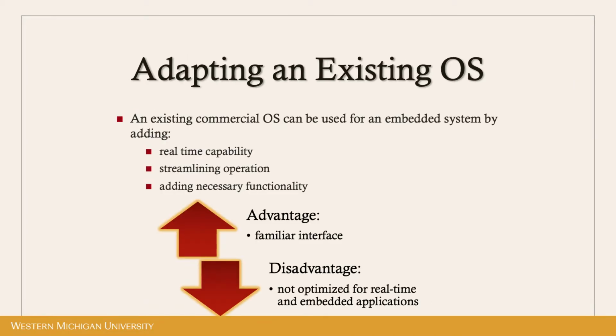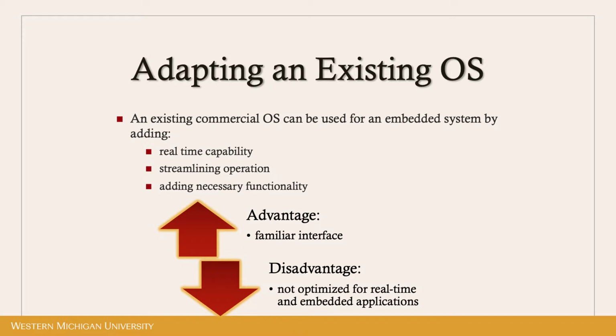So all we need to do to adapt an existing operating system for an embedded system is add real-time capability, add some streamlining of the operation, and add some necessary functionality, and that's nice because we have a familiar interface. We've got a lot of the bare bones, a lot of the basics of it already there for us, and we just strip it down and add what we need.